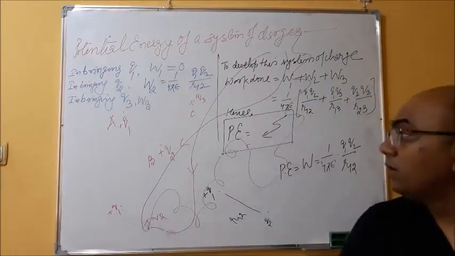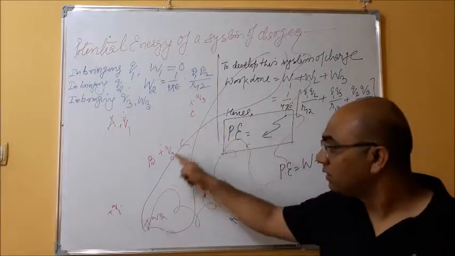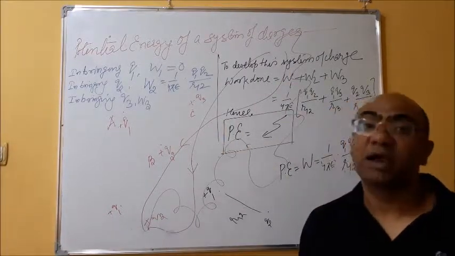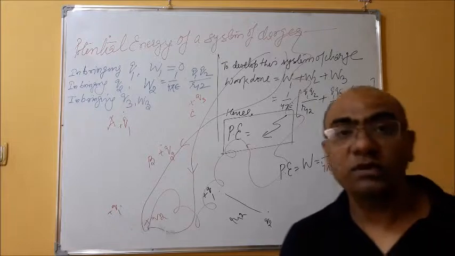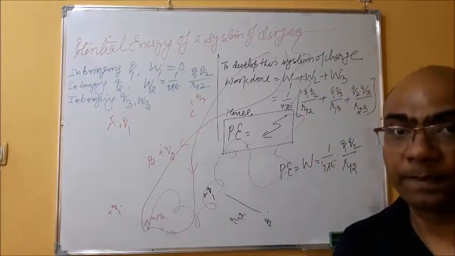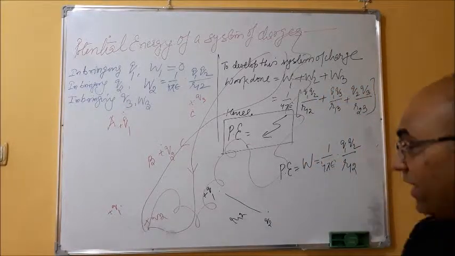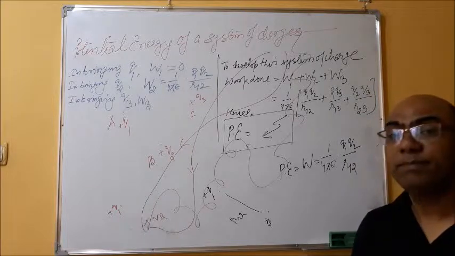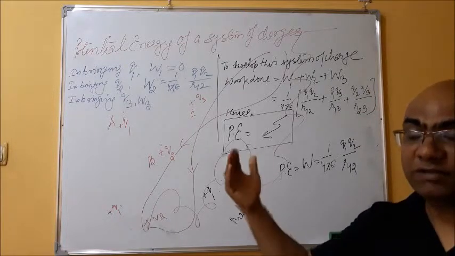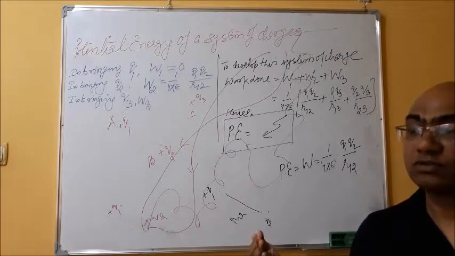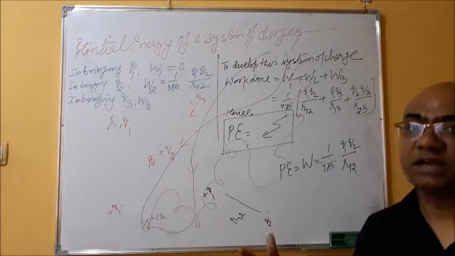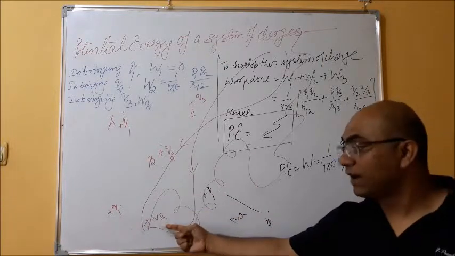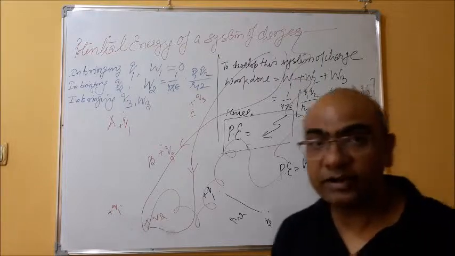It doesn't matter from which path you bring the charged particles, either Q1 or Q2. So you can say the final potential energy is independent of the path in which the work has to be done to bring this charged particle to its final position, right?